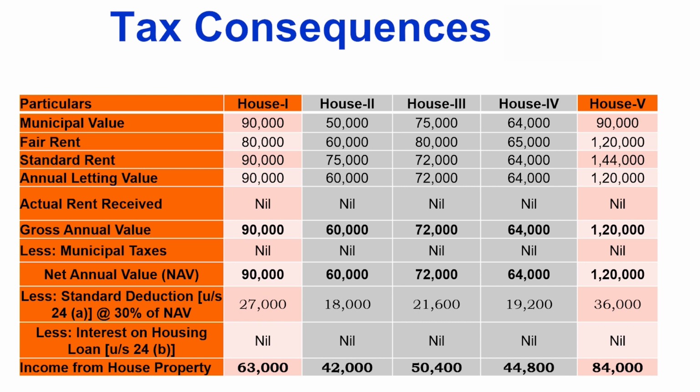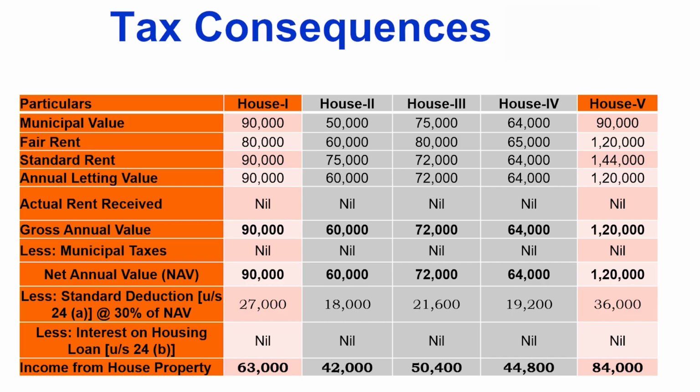Now, eligible deduction under section 24 subsection A, that is standard deduction, 30% of net annual value, is 27,000 for house 1, 18,000 for house 2, 21,600 for house 3, 19,200 for house 4, 36,000 for house 5, and eligible deduction under section 24 subsection B, that is interest on housing loan, is nil for all the houses.